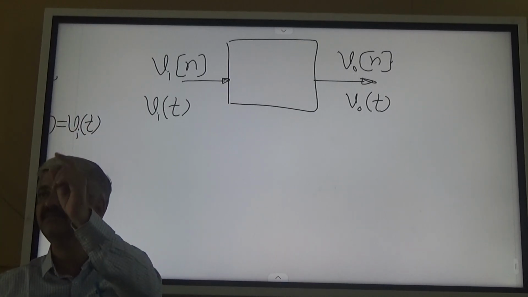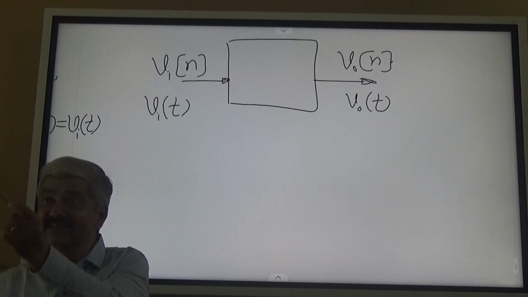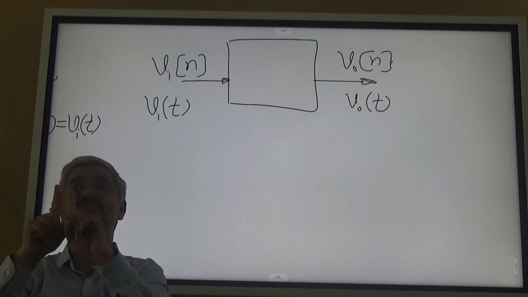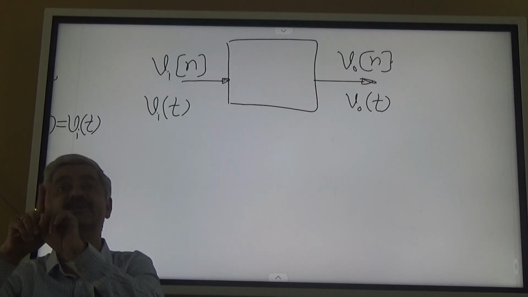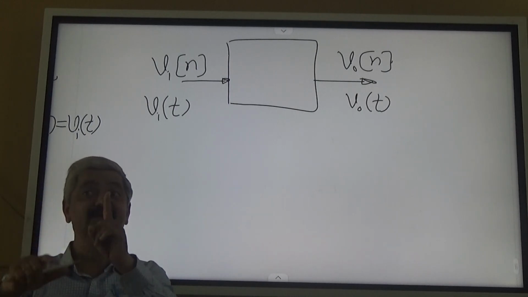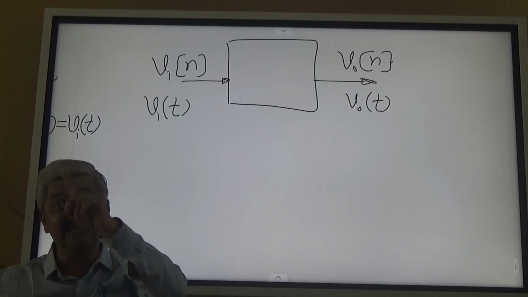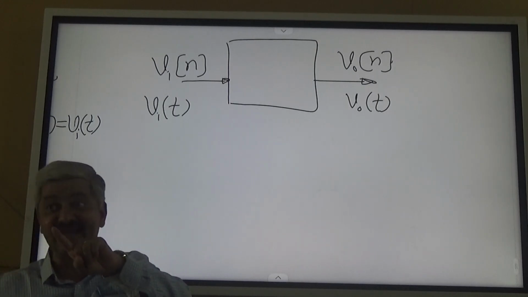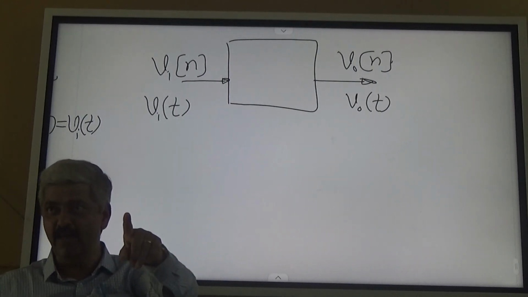Half second, 1/4 second, 1/8 second, 1/16 second. In any case, the samples will be apart by a non-zero interval. Therefore, continuous is a limiting case. When we say limiting case, it is never achievable. It is never.